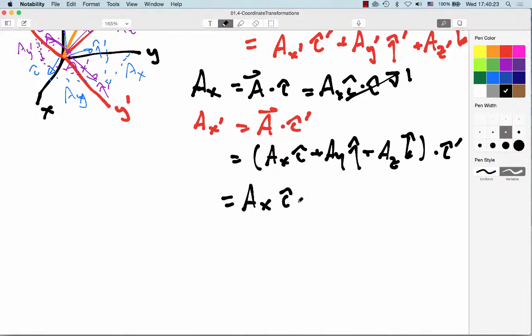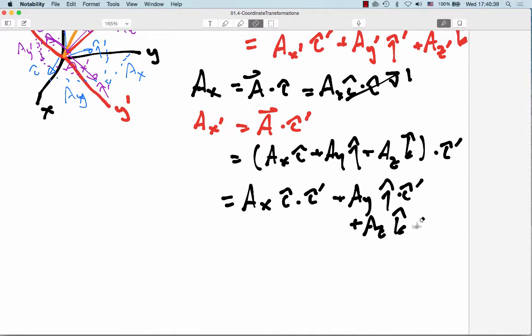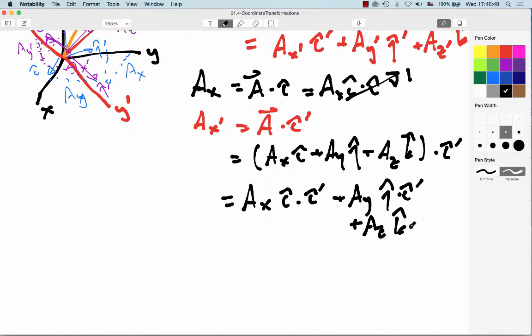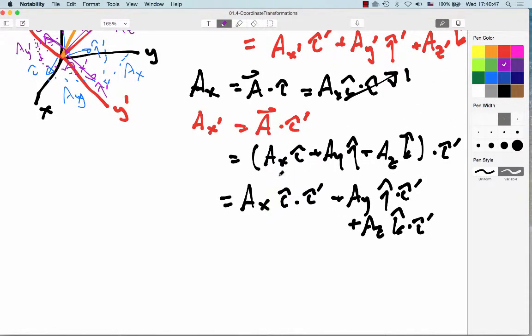Ax times i dot i prime plus Ay times j dot i prime plus Az times k dot i prime. Okay, so this bit here where we're dotting the unit vectors in the different coordinate systems together, that gets called a coefficient of transformation.